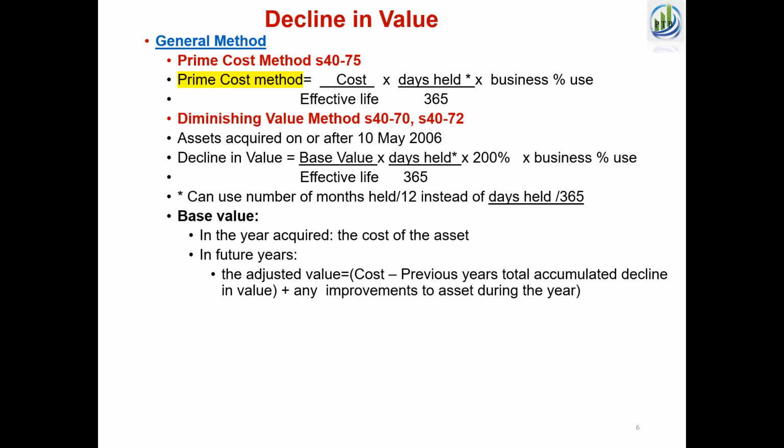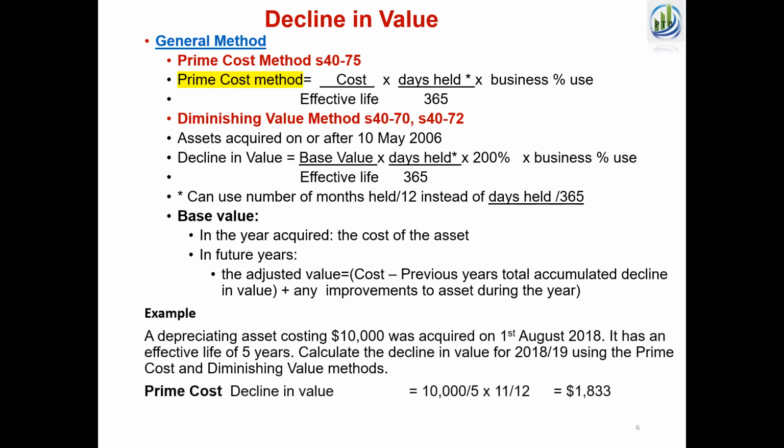So how are you going to calculate the second year for your diminishing value? Adjusted value means cost minus previous year's accumulated depreciation plus any improvement, right? That's going to be your cost for the second year, third year, fourth year. You can calculate it. So I put one example here.